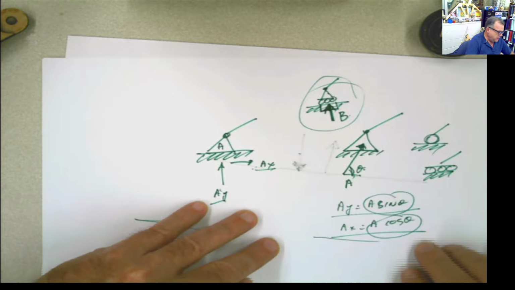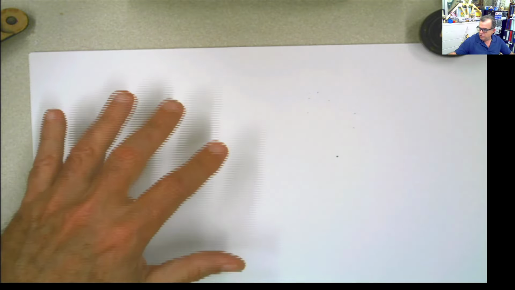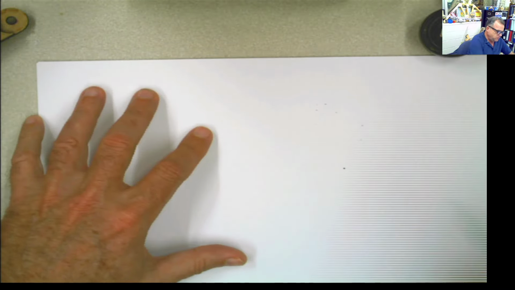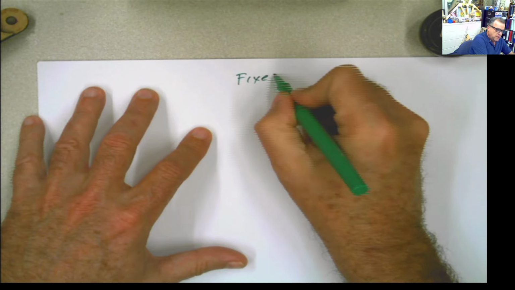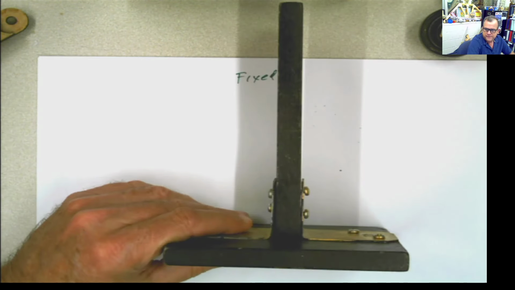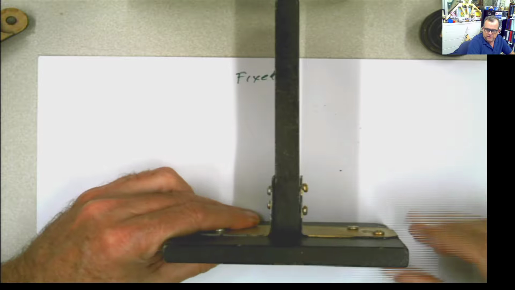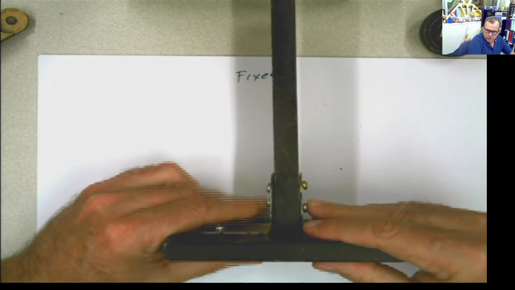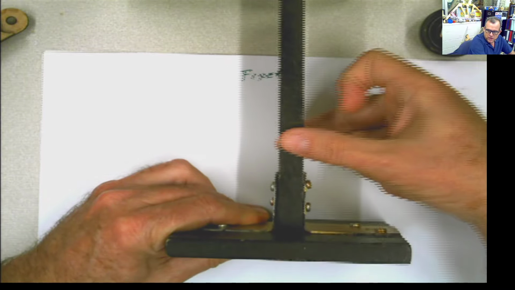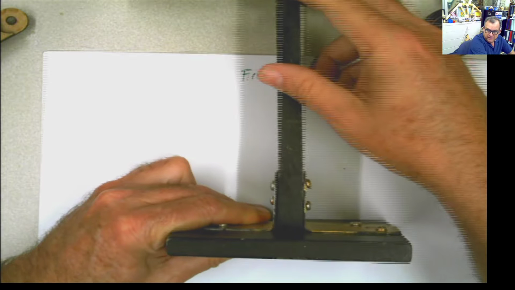Now there's another case of supports in 2D. This is for 2D that we are dealing with now, which is called fixed support. Now, what is a fixed support? The fixed support is this. If this is the surface and this is the support, I'm not going to be able to pull this either up or down or side to side, and of course it's not going to even rotate.